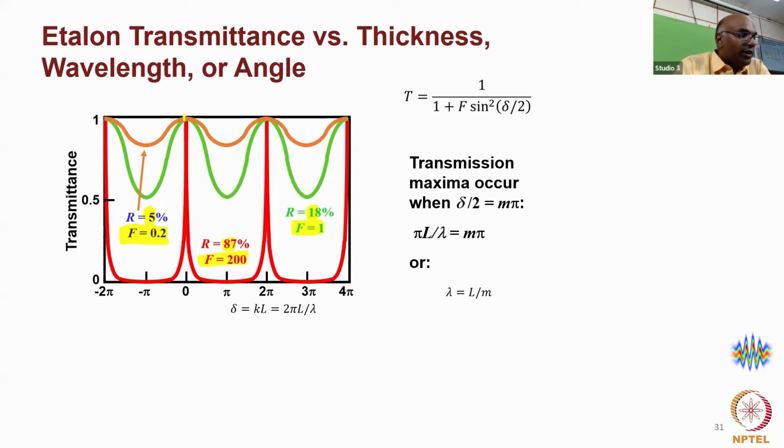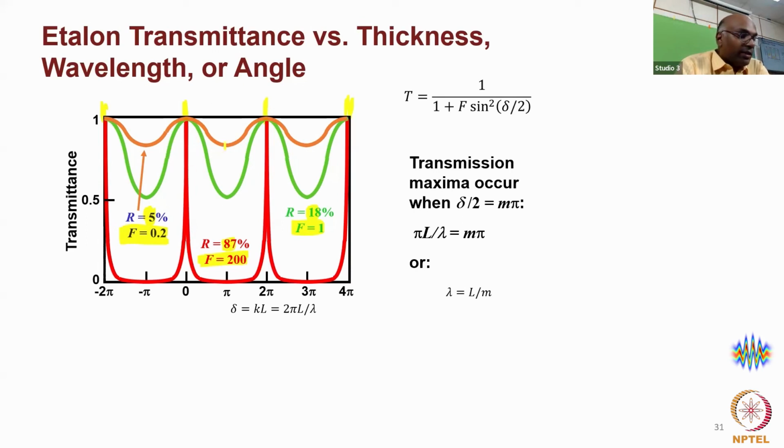Now, these different f's essentially correspond to transmittance curves, all of which peak at a transmittance of unity. That is, maximum transmittance is unity. That's a consequence of the fact that this glass is lossless. There is no loss involved in the physical description of what we have done so far. The only feature that differentiates these three curves, the red, green, and the orange, is the sharpness or the widths of these lines.